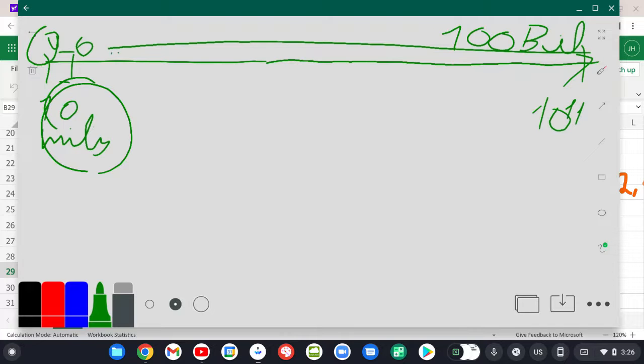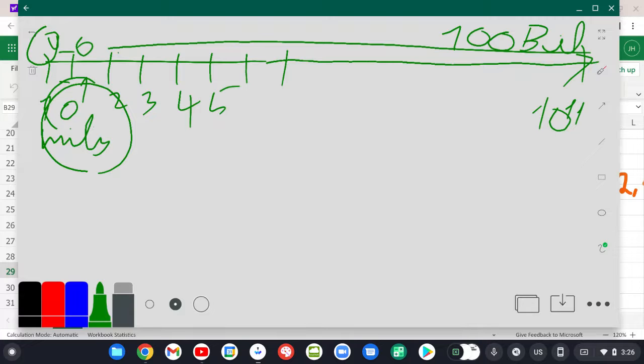If we use a logarithmic scale, normally you would think this is 1, this is 2, then 3 means 30 miles, 4 means 40 miles, 5 means 50 miles.